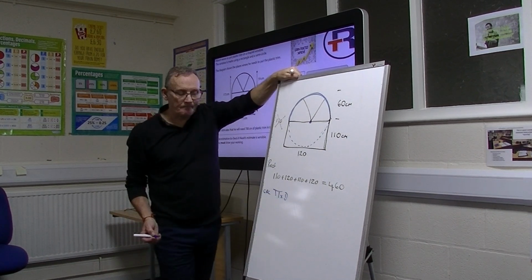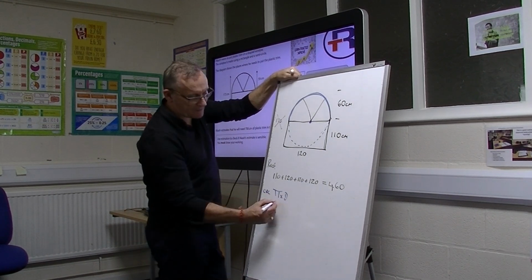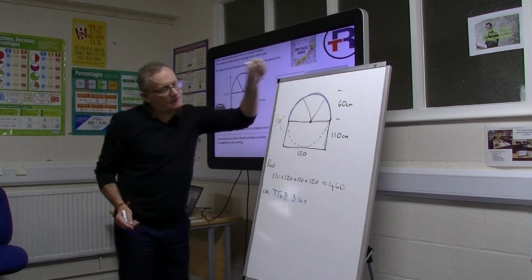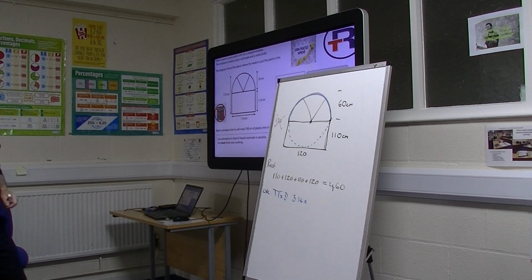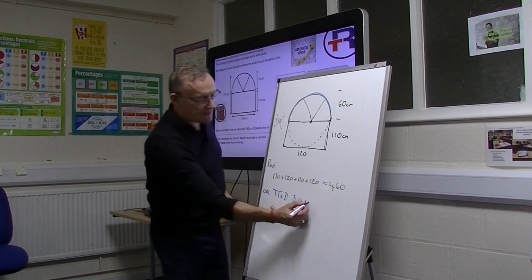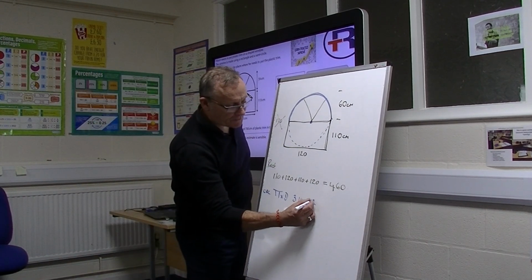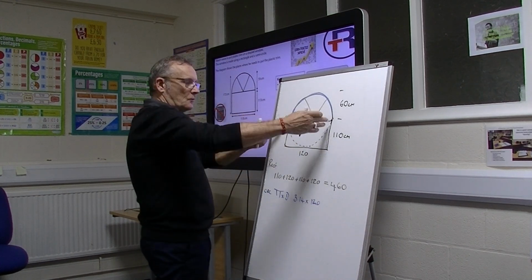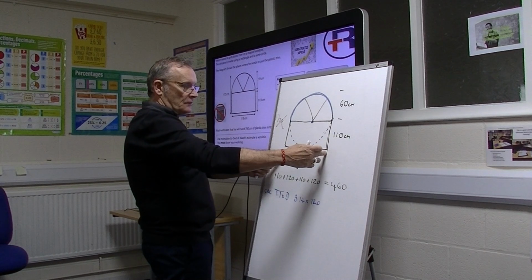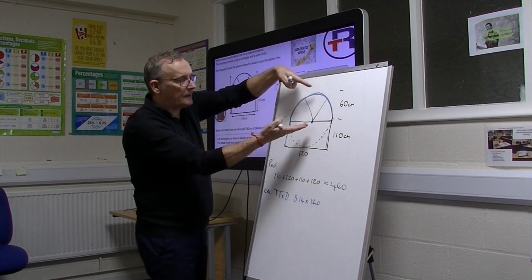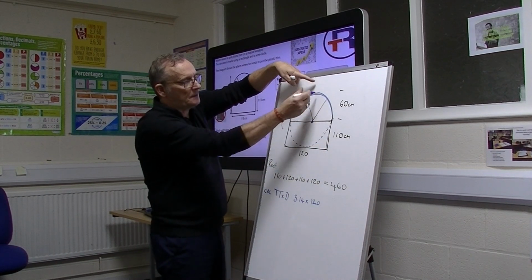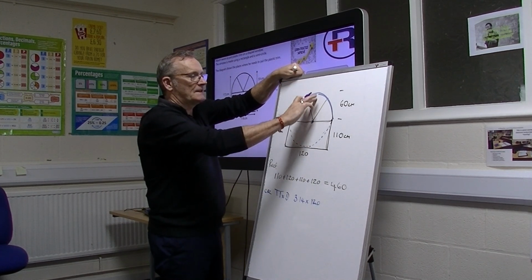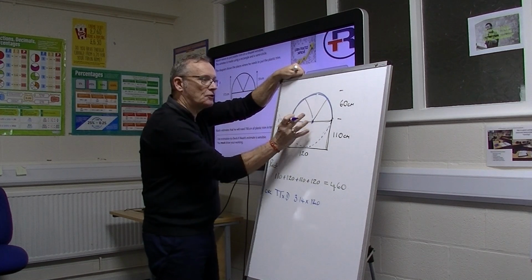Pi times d. We know that pi is 3.14. Can write that in already. What's the diameter? 120. We spot it instantly, don't we? We spot it straight away because there it is. When we've drawn that circle, we can see it's 120. Or we recognise that that bit there is 60. Well, that's the radius. We recognise it because we're starting to recognise the pictures.